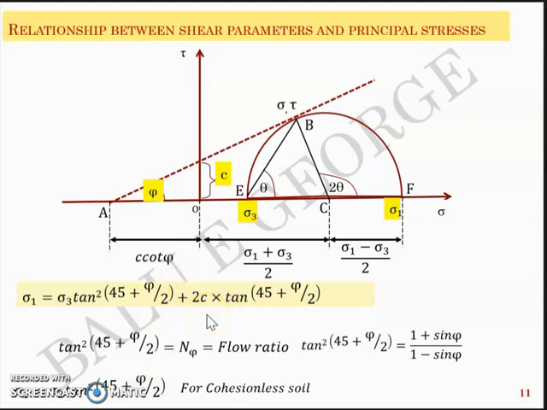The soil type where C equal to 0 is called a cohesionless soil, or in short, sand. So sigma 1 equal to sigma 3 tan square (45 plus phi by 2) for sand, but tan square (45 plus phi by 2) is 1 plus sine phi by 1 minus sine phi, which you'll see as a different expression called Kp when you study the coefficient of lateral earth pressure.